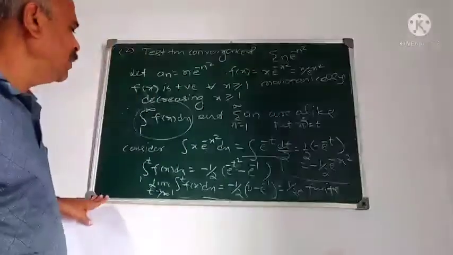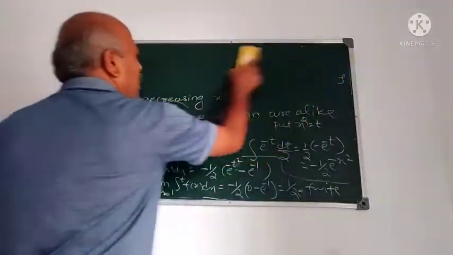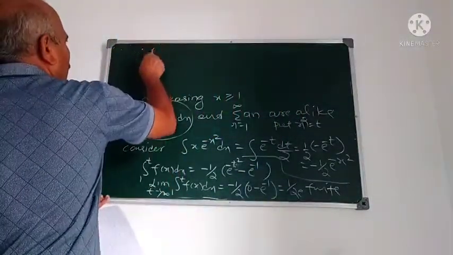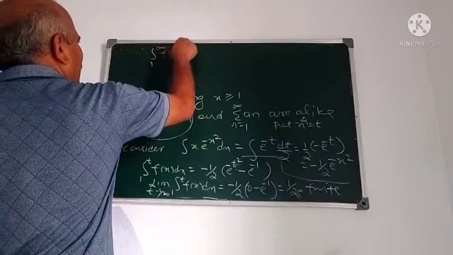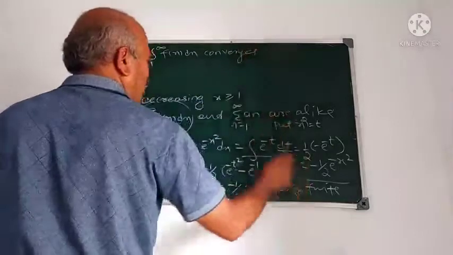So what's your conclusion? This improper integral converges. Therefore, the integral from 1 to infinity of f(x) dx converges, because we have a finite value here, 1 by 2e.